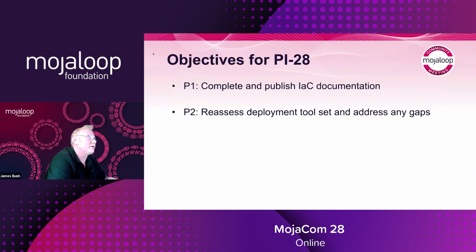So what are we going to be doing over the next PI? Until the next in-person meeting, we will be mostly focused on completing that ISE documentation. It's one of our flagship important pieces of tooling, and improving its usability is highest priority for the deployment tools workstream.